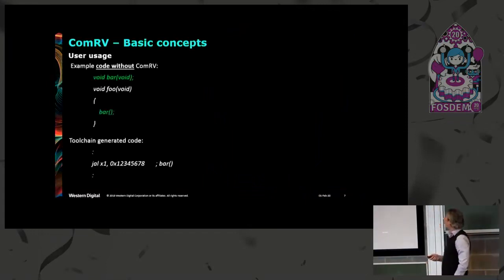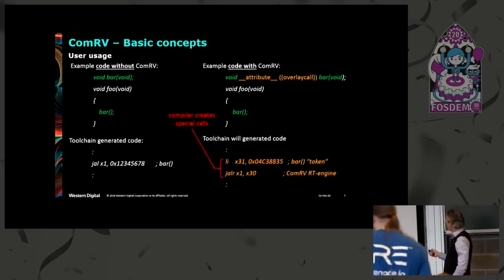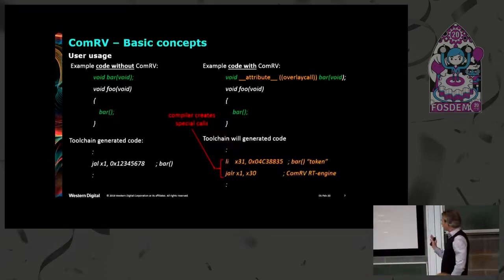Now, let's look how it looks today for just a normal function. Okay. So for a normal function where foo is calling bar, the toolchain will generate a jump to bar. This is, by the way, an instruction for RISC-V. And now it looks when you're using an overlay. So when you're using an overlay, all that is needed from the user is just to put an attribute saying, my function is an overlay, and then he writes his function as it is.